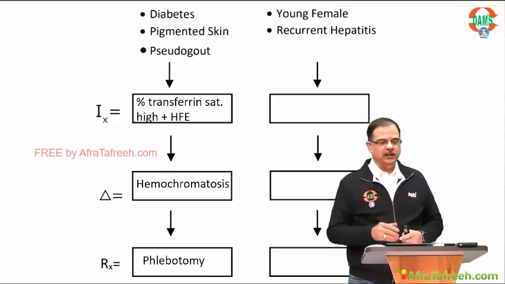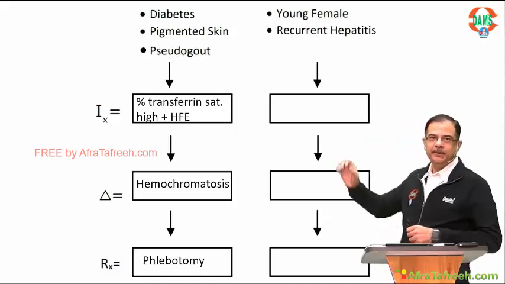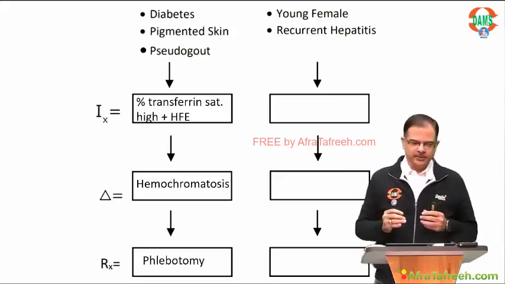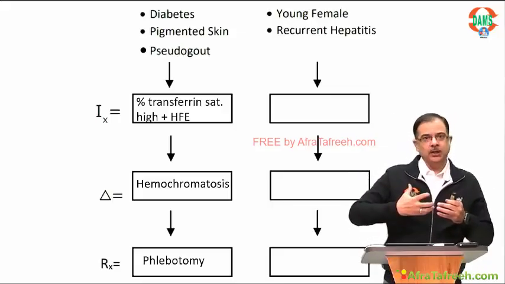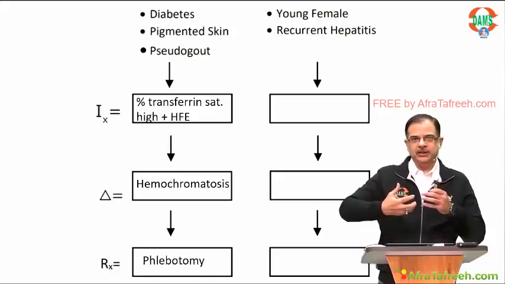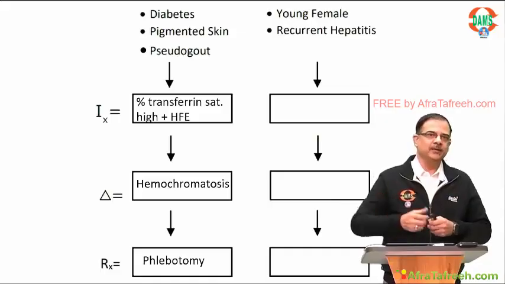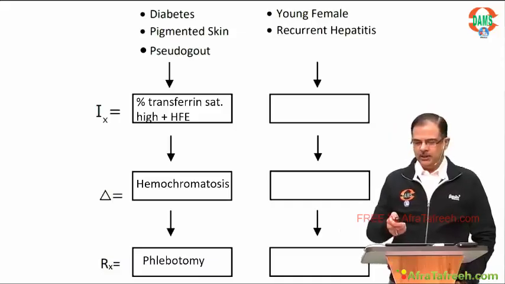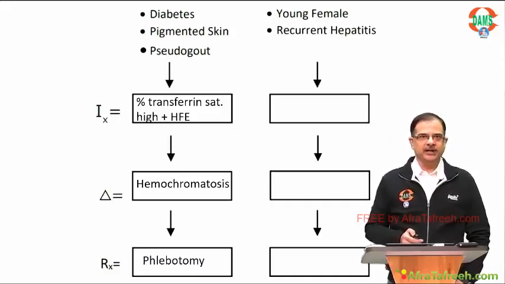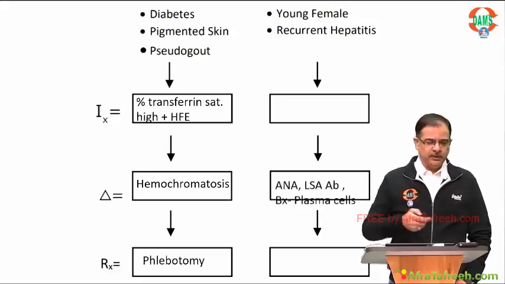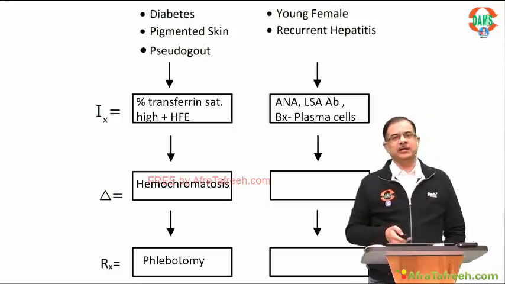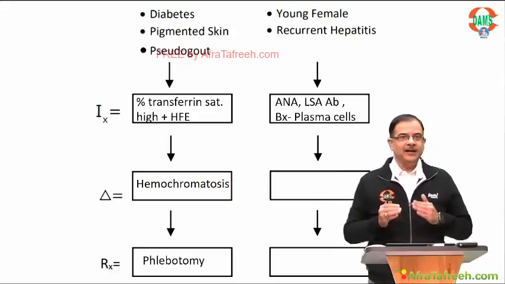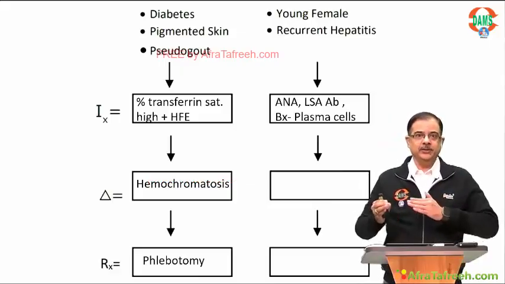Now, look at the second one. In the second scenario, the patient is a young female with recurrent hepatitis. Recurrent hepatitis means the patient has jaundice every year, so this disease attacks every year. When we think of such a clinical scenario, a young female with jaundice every year, we will think of something autoimmune. When we did the investigations, ANA is positive and LSA is also positive.